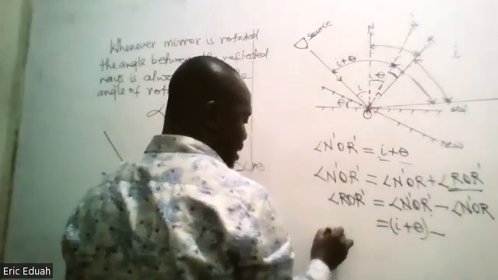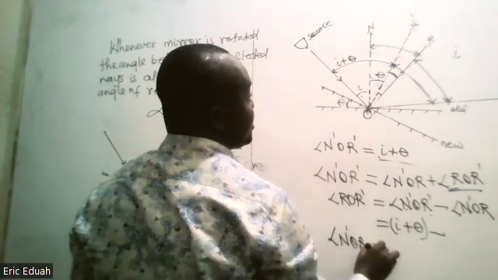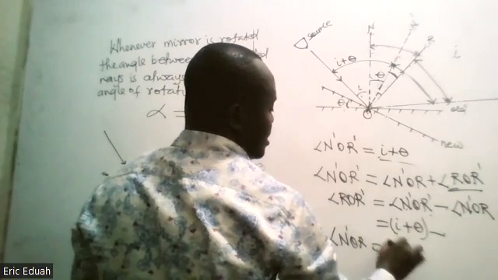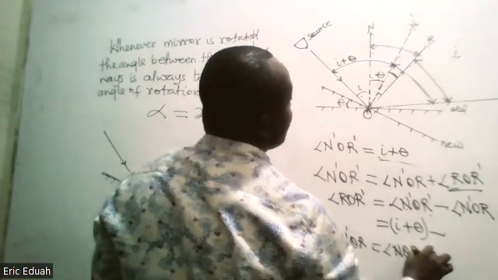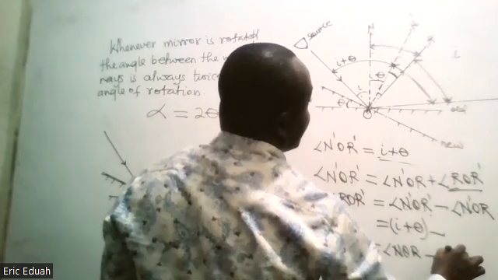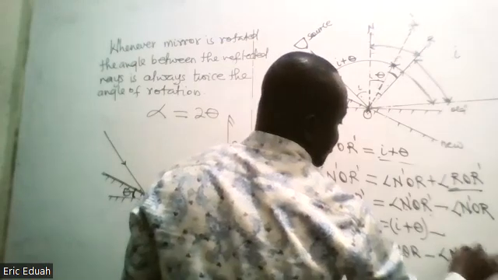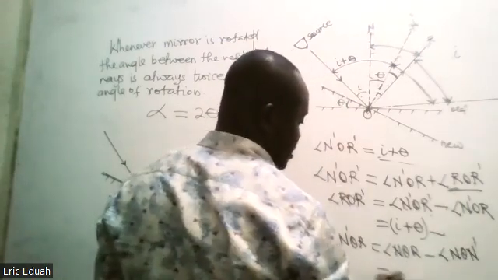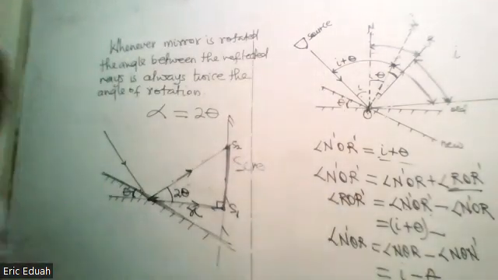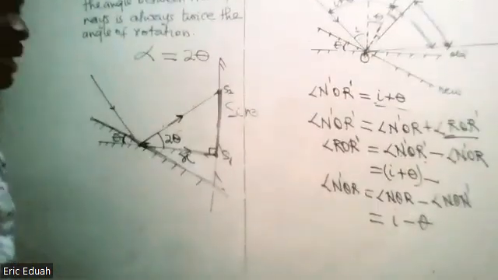Therefore, angle N prime O R would be equal to angle N O R minus angle N O N prime, and this is equal to I minus theta.